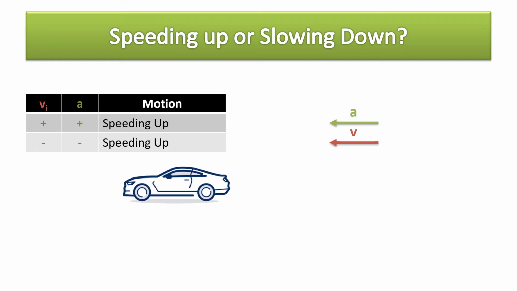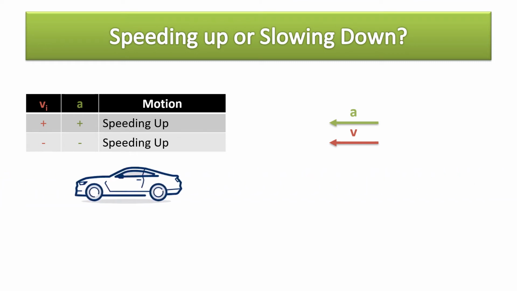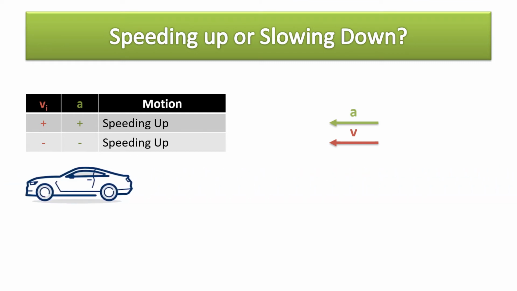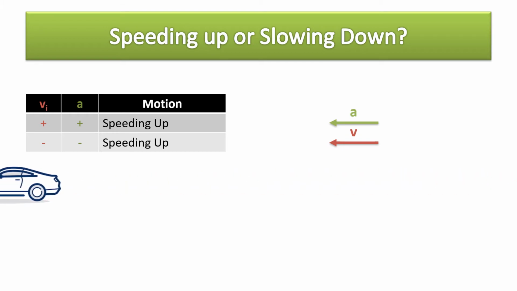So that means you're speeding up in the negative direction. And that's totally fine. You could say you're speeding up in the western direction. Maybe that makes more sense, because when we think negative, we think it's going down, right? But in physics, when you think negative, you should be thinking about the direction. So yeah, you're speeding up in the westward direction or in the left direction. Your velocity is increasing.